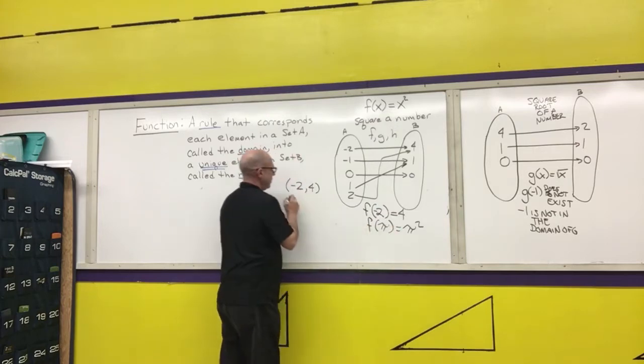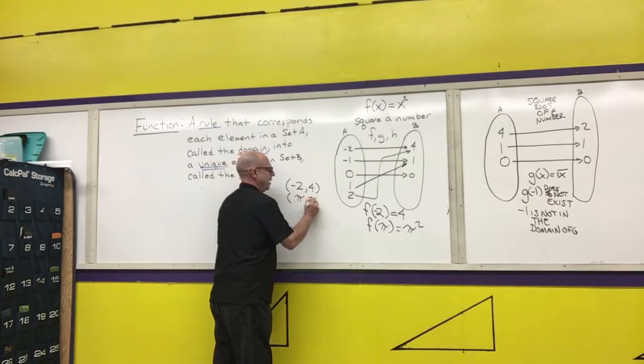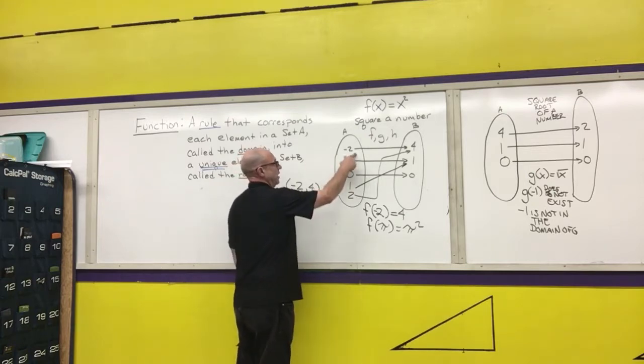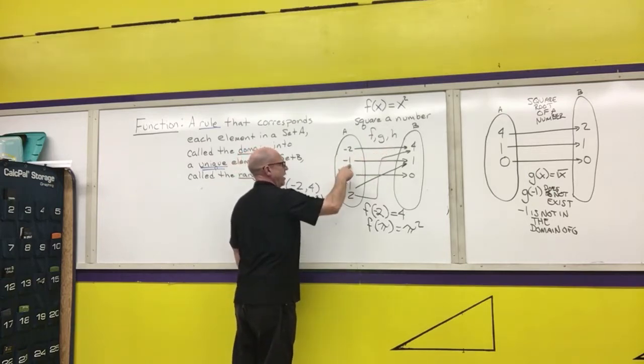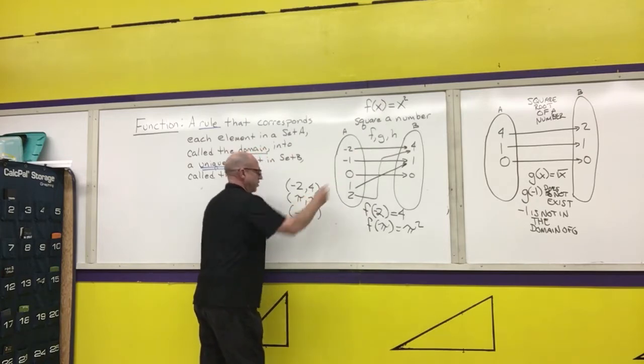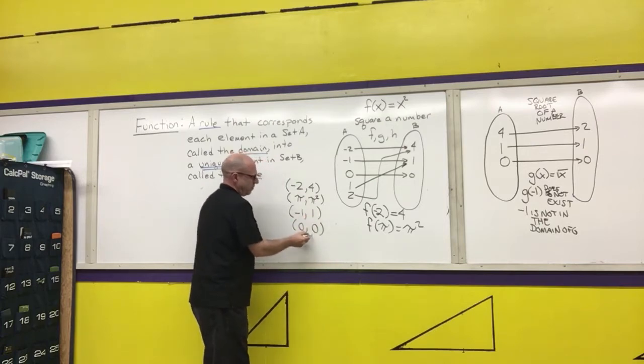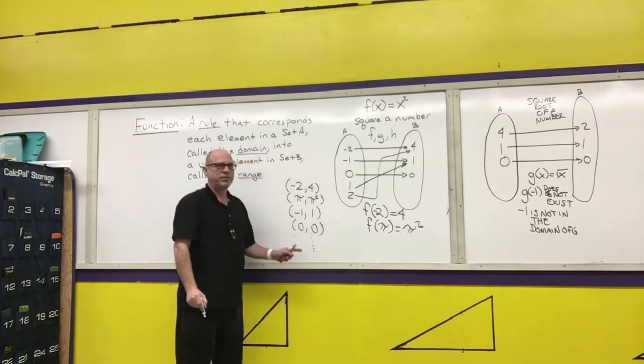F of pi would give me the ordered pair pi comma pi squared. Negative 1 going to 1, 0 to 0. And I could make an infinite list of ordered pairs.